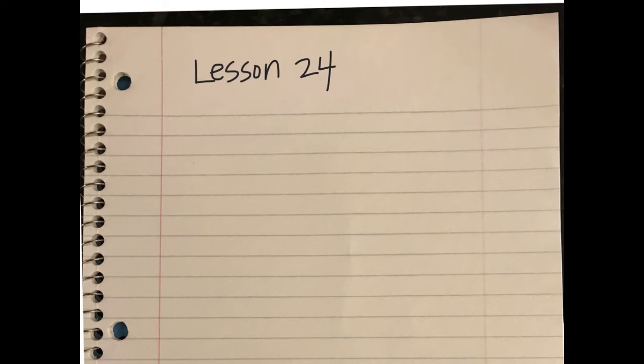So the new, or not even new, but review aspect of this lesson is to remind you that negative x is the same thing as the star. So when you see negative x in any of these problems, you have a couple choices.